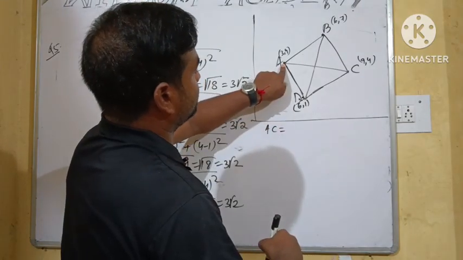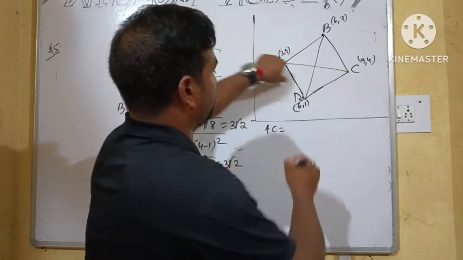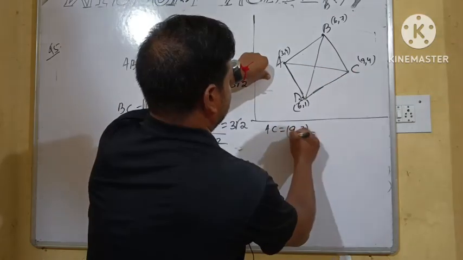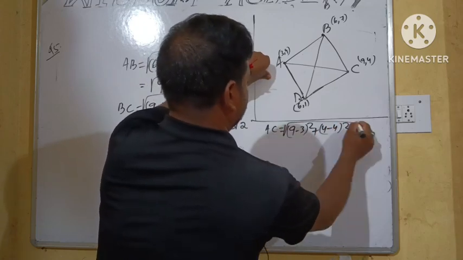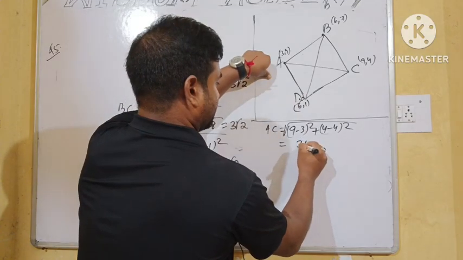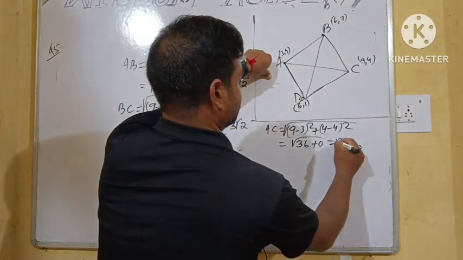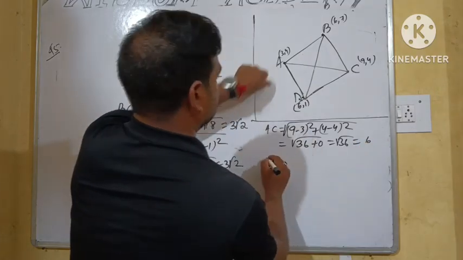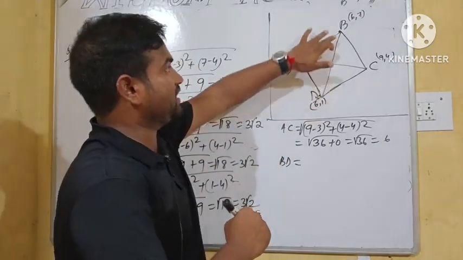The coordinates of A are 3, 4, the coordinates of C are 9, 4. So (9 minus 3) whole square plus (4 minus 4) whole square. 9 minus 3 is 6, the square is 36, plus 4 minus 4 is 0, the square is 0. Square root of 36 is 6. We also have to find the distance between B and D. BD is the diagonal.